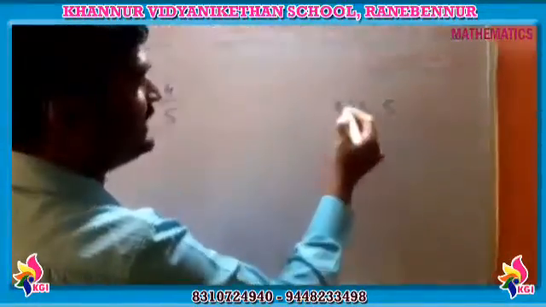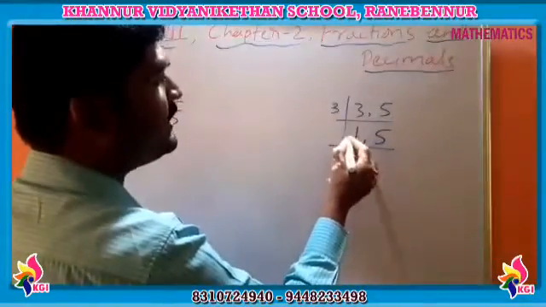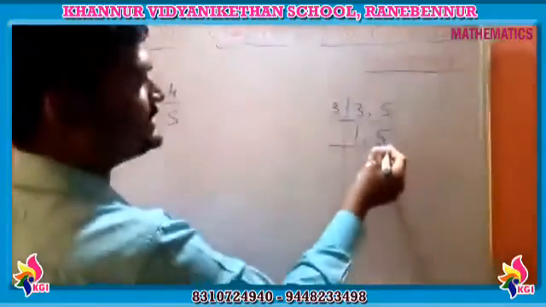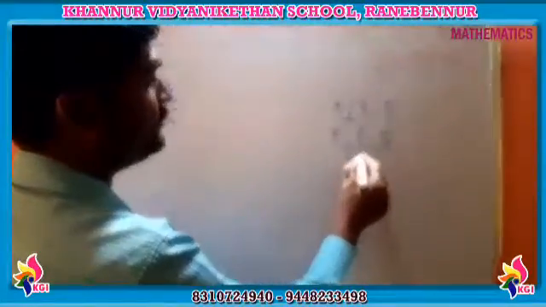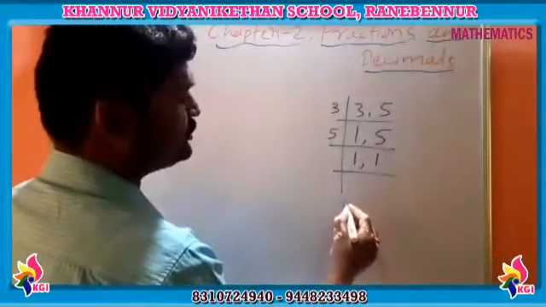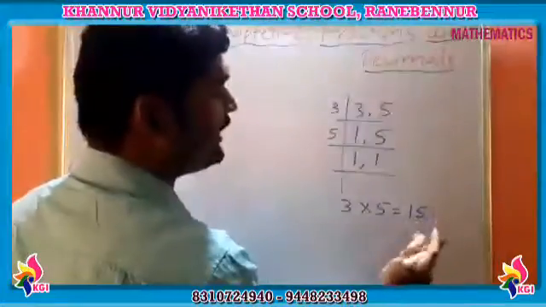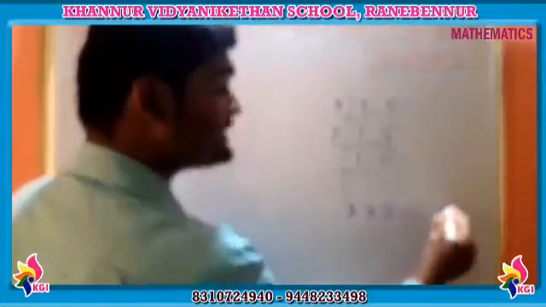So I will take the 3 table. 3 ones are 3, 3 fives are 15. Now I got 15 as the LCM.